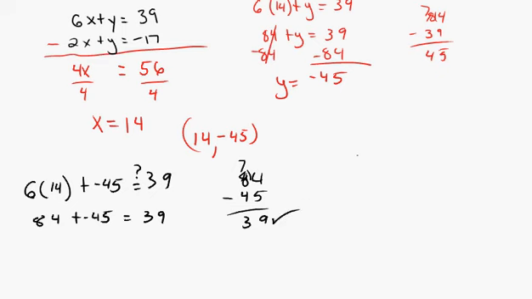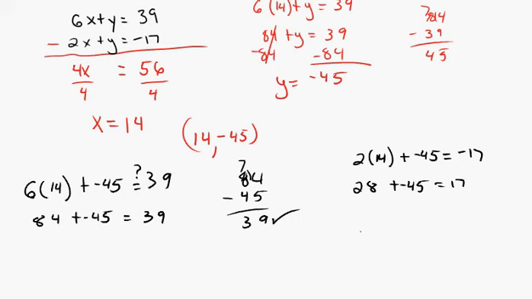Our second equation, it's 2 times 14 plus the negative 45, and we're wondering, does that equal negative 17? Well, 2 times 14 is 28, and we do 28 plus a negative 45. Does that equal negative 17?